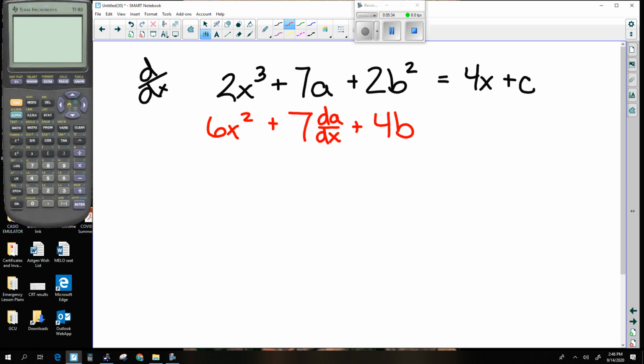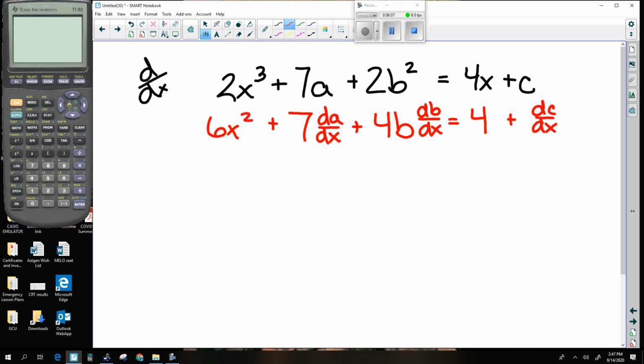However, because it was a b, this is going to be dB dx. And you still continue on to the answer. 4x is 4, because technically that would be dx dx, which is 1. And then the derivative of c is 1, so that's 1 dc dx. That is implicit differentiation.